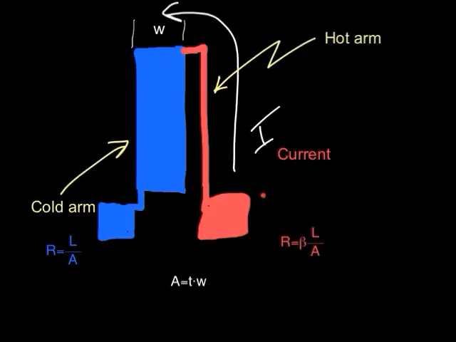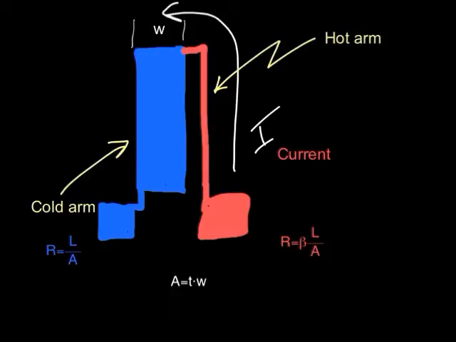So if I put a plus over here and a minus over here, the current's going to flow through this structure. And it doesn't matter if you go left to right or right to left, same thing's going to happen. So the current coming in and the current going out is the same, right?